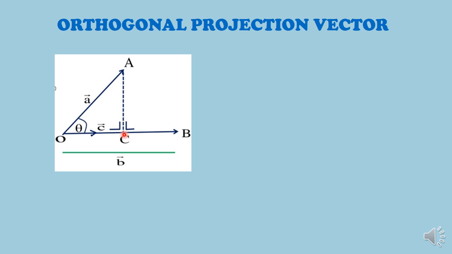From the previous lesson about unit vector, we learned that a vector is equal to the length of its vector multiplied by its unit vector.